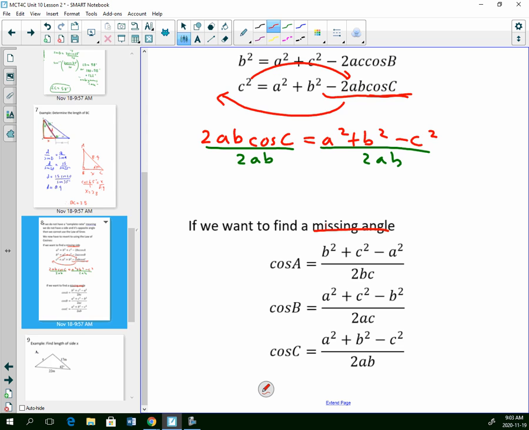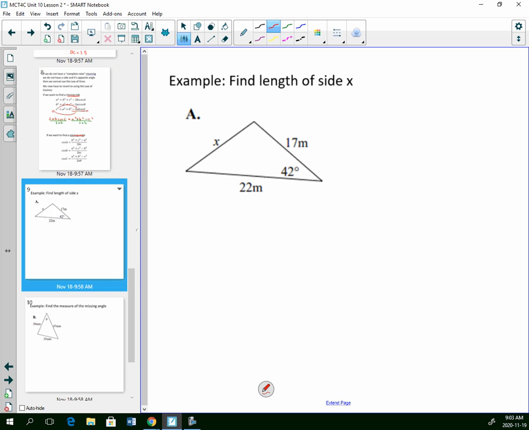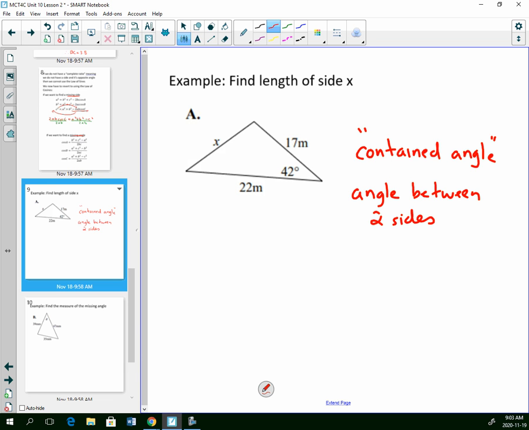Okay, so one situation where we need to use cosine law is a contained angle. So a contained angle is an angle that is in between two sides.